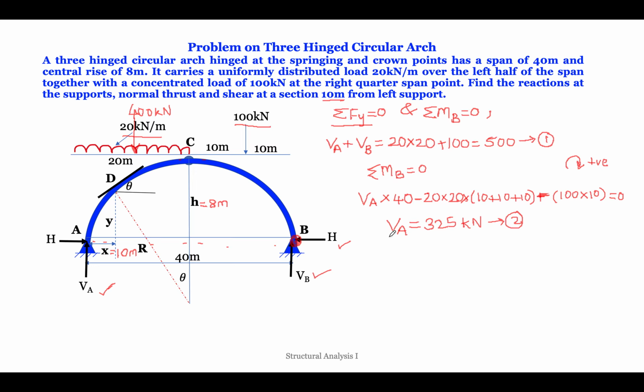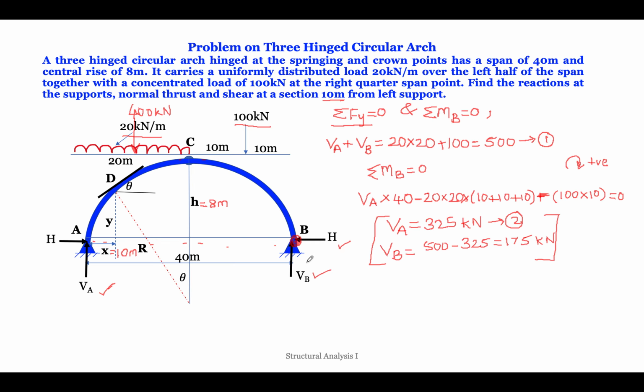When you substitute Va equals 325, then we get Vb as 500 minus 325, which is equal to 175 kilonewton. So here we are done with the reactions. We got two reactions here. We know what is Va, we know what is Vb.